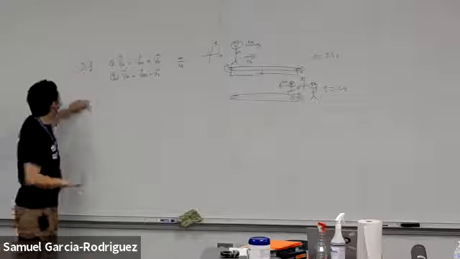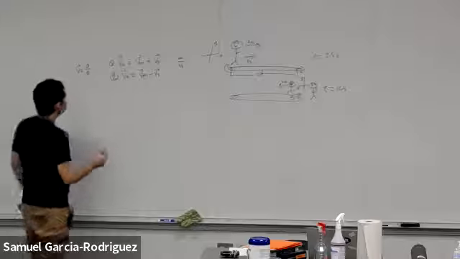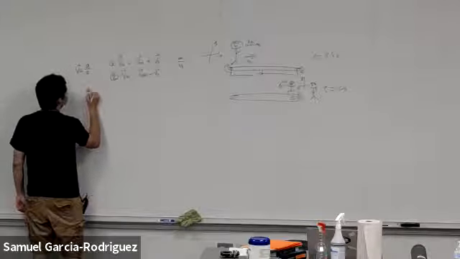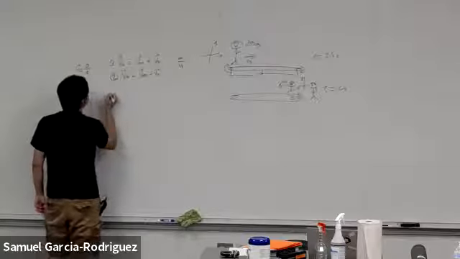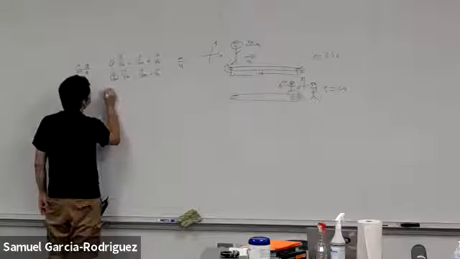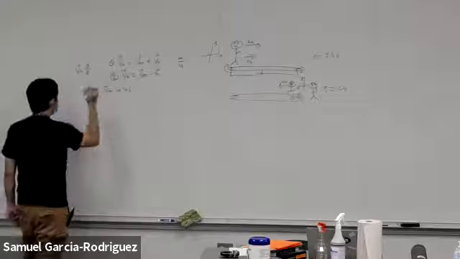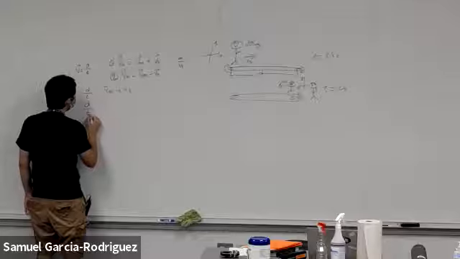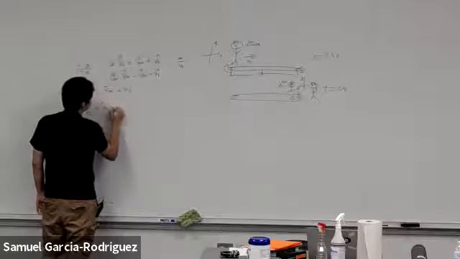Well, the first one, Vf, is some displacement over time 1, which is equivalent to Vm plus Vs. The second one is some displacement, the same displacement, over a second time 2, Vm minus Vs.